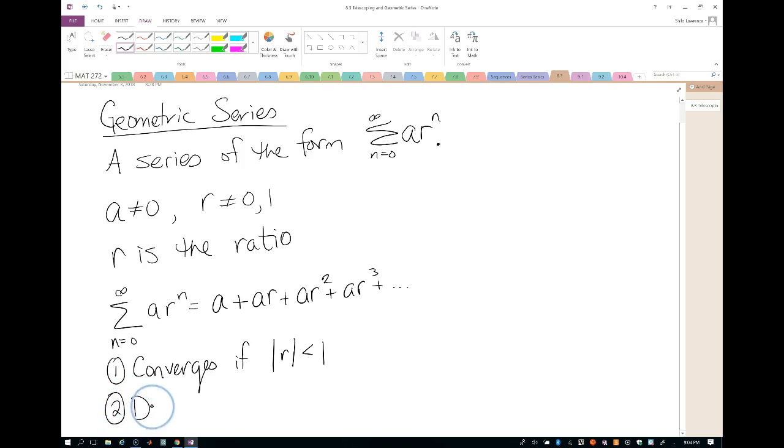But this series will diverge if the absolute value of r is greater than or equal to 1. Now, I had said up here we don't really want r to equal 1, because 1 to any power is always going to be 1. And really all we're going to end up doing is adding a to itself over and over and over again.